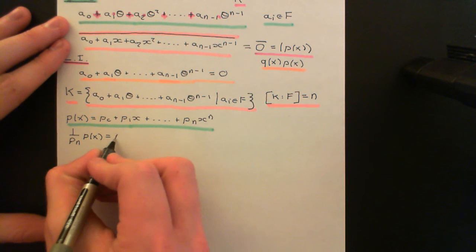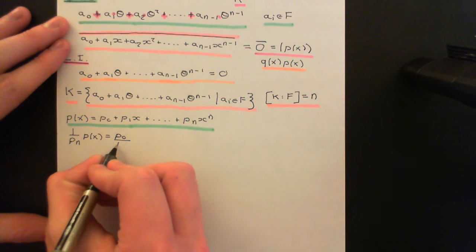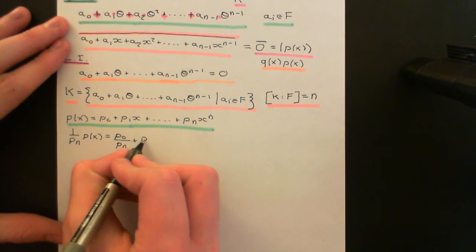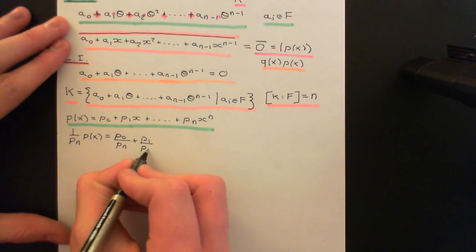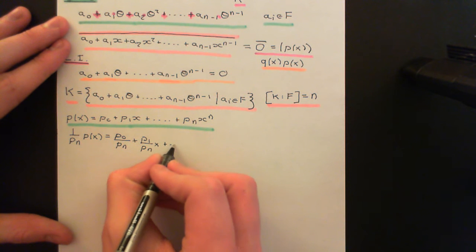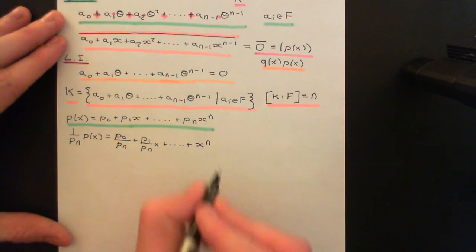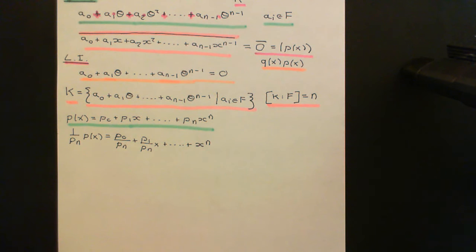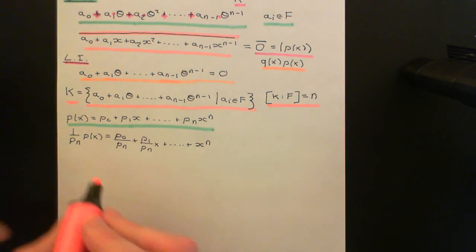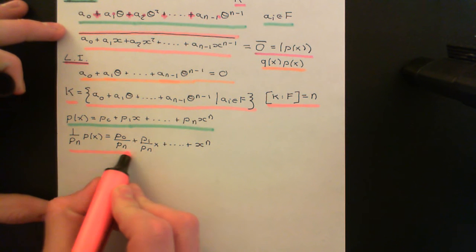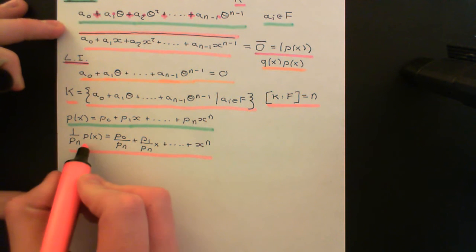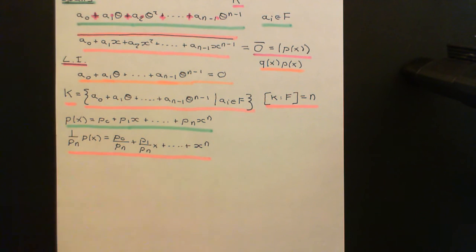What we will end up with is the polynomial p0 over pn plus p1 over pn times x, plus all the way up to, and then the leading coefficient, the coefficient in front of x to the n, will now just be 1. And you could quotient your ring of polynomials out by the principal ideal generated by this polynomial, and you would end up with the exact same field extension.